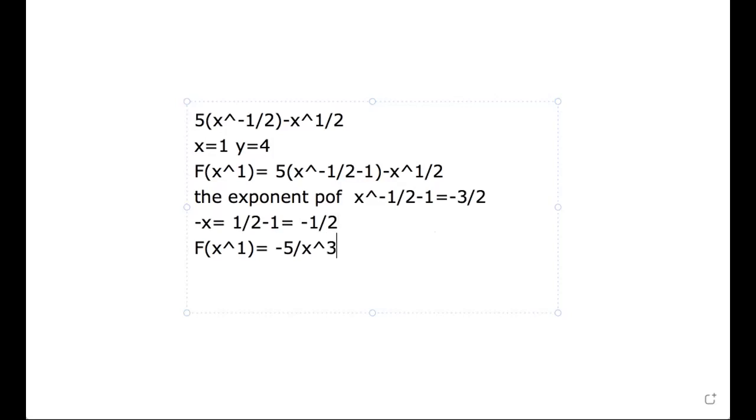If it's in the numerator, we have to get it down to the denominator, and if it's in the denominator, we would have to get it up to the numerator, and then switch the signs of the exponent, because now it's in the correct form. Here you don't see a negative 3 over 2 exponent, but if it was in the numerator, you would see it because it's not in the right order.